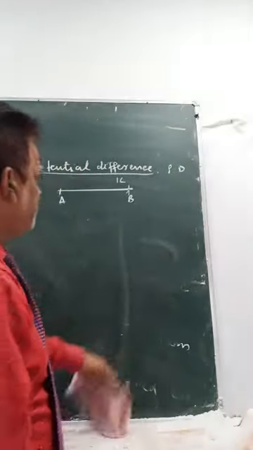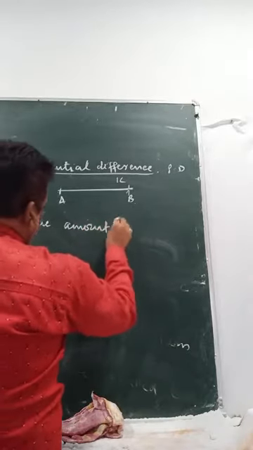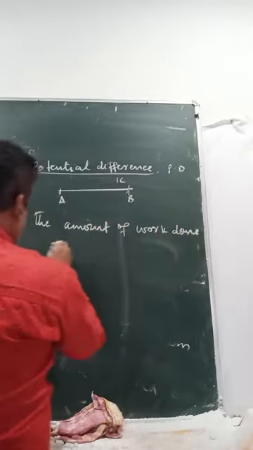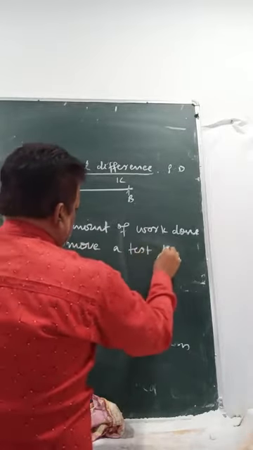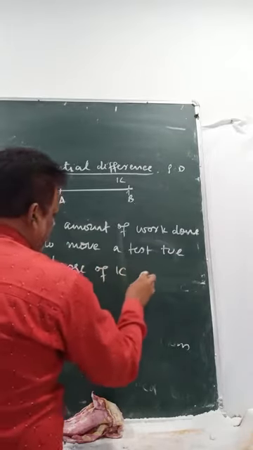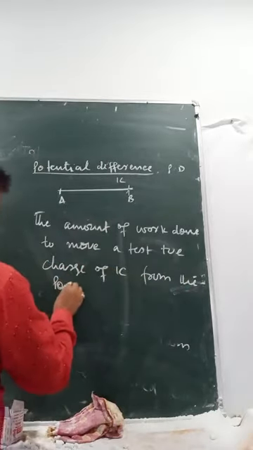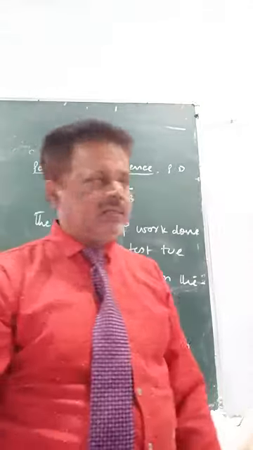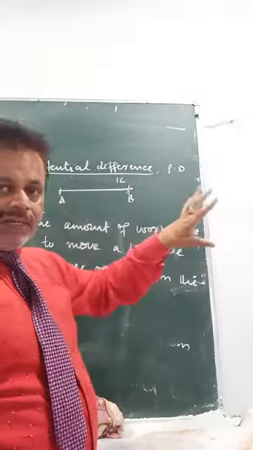You can write down: the amount of work done to move a test positive charge of 1 coulomb from point B to A. You will study this in more detail in higher classes. Only remember that to bring a charge from B to A you need some potential, meaning energy.